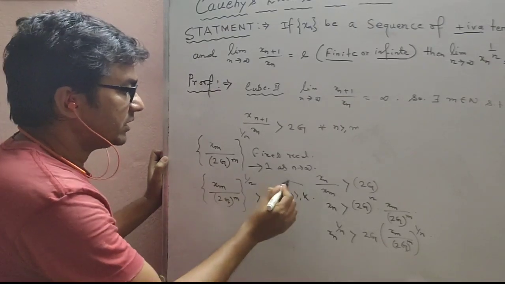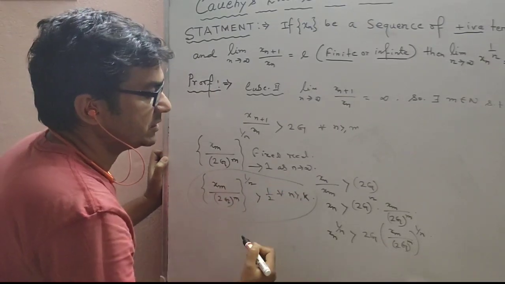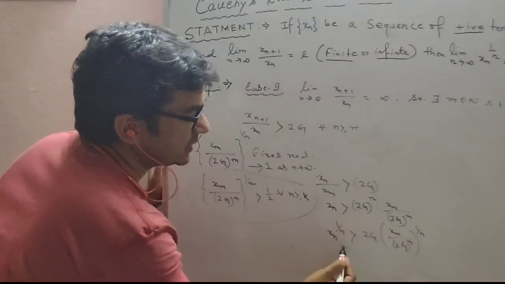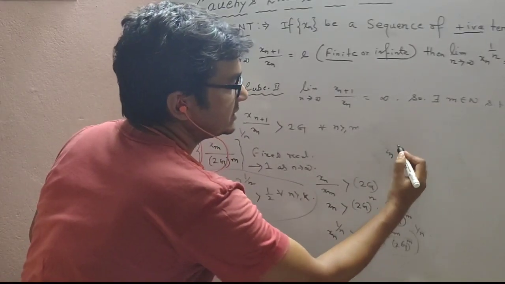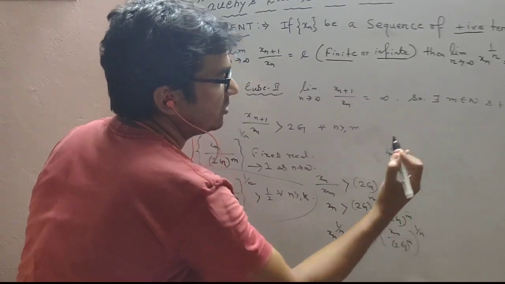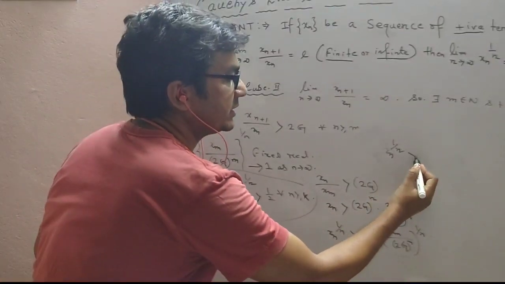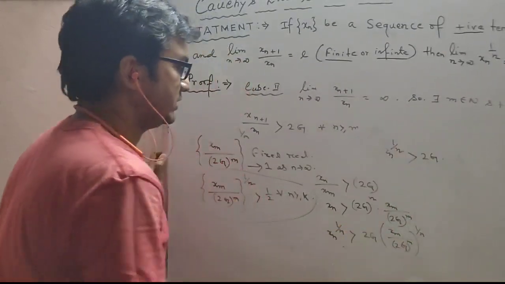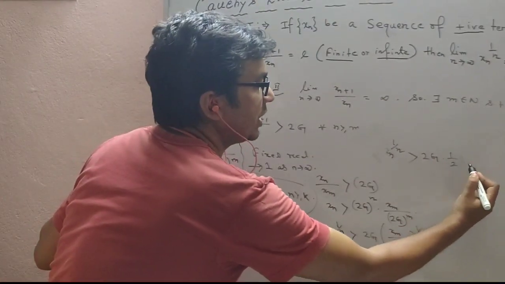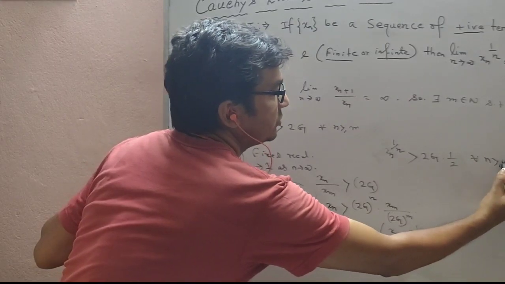Then using this result, we get from this result, xn to the power 1 by n greater than 2g into half for all n greater than equal to m.